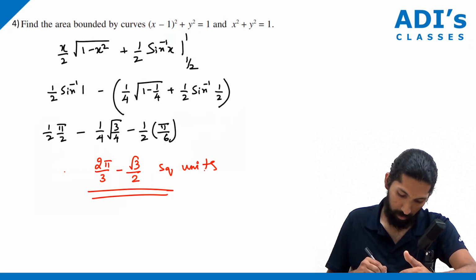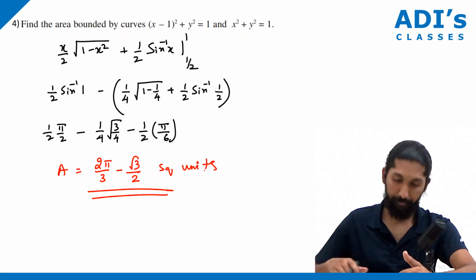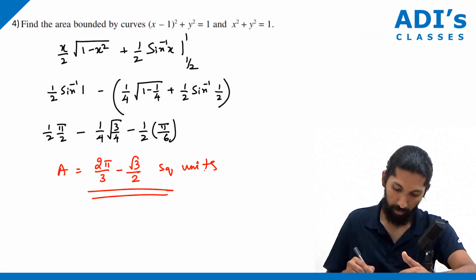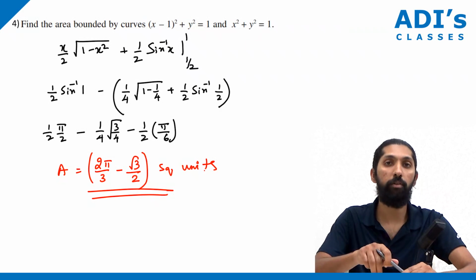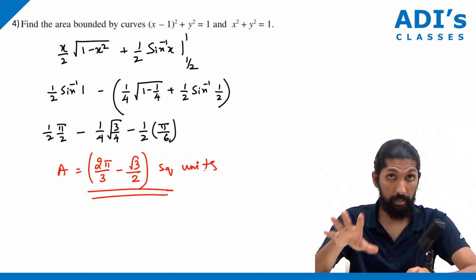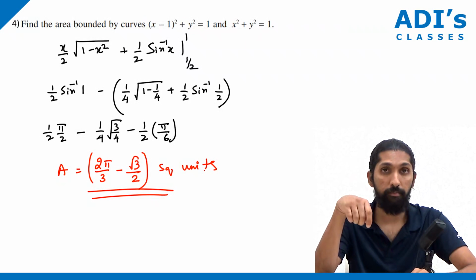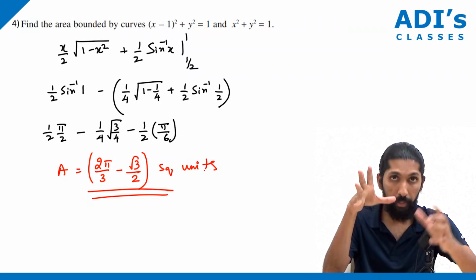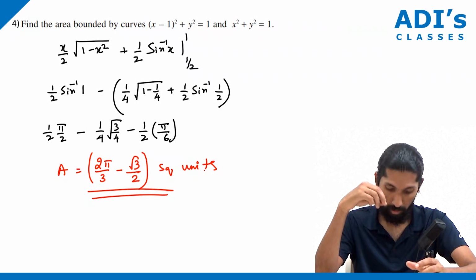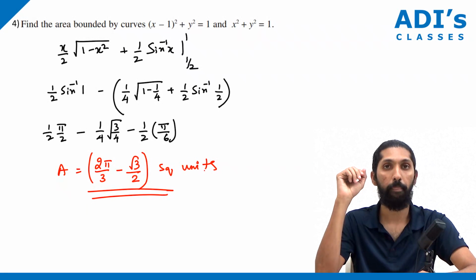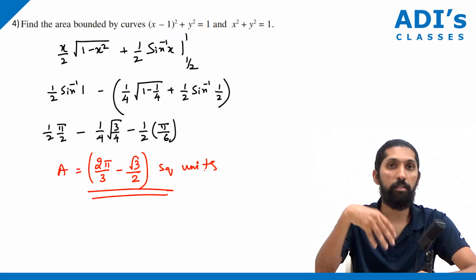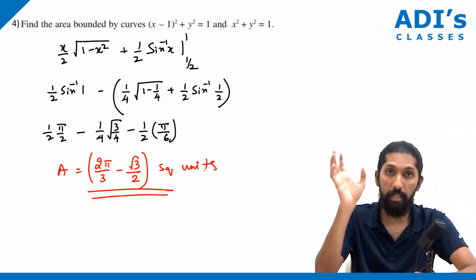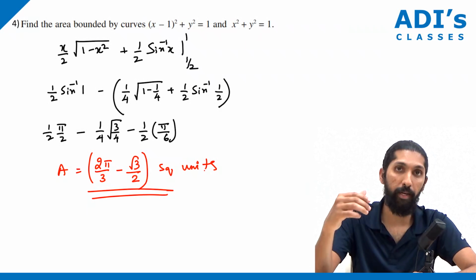This is going to be the final area, in square units. In the sense, the area between the two circles is going to be this one. Fair enough? These are certain types of standard problems you can expect from this particular chapter.